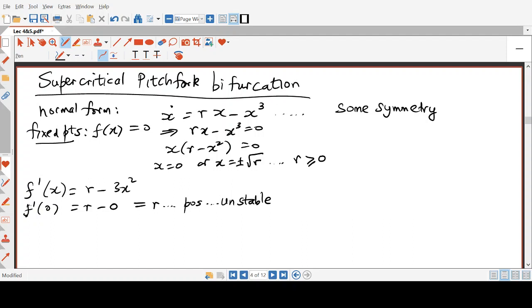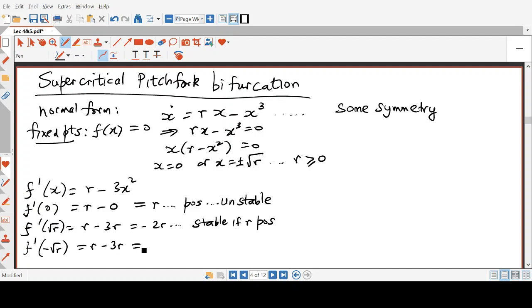I will discuss r negative later. f dash of root r will be r minus 3 times r, because x squared is r, so it's minus 2r. So this is going to be stable if r is positive. Likewise, f dash at minus root r is r minus 3r, which is minus 2r. Stable if r is positive.